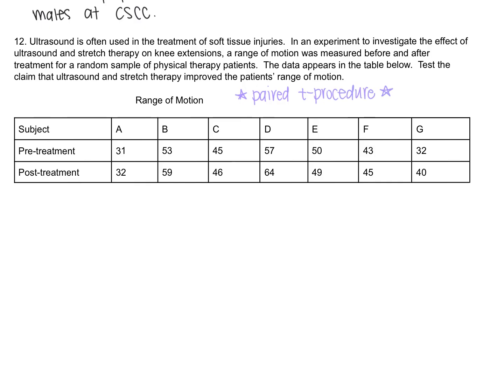So not a difference of means, it's a paired T procedure, which means we're actually looking at the mean difference. So we have to define the difference that we're looking at. I always like to define my difference based on which numbers are bigger so I can kind of avoid negatives. So I'm going to define it as post-treatment minus pre-treatment.